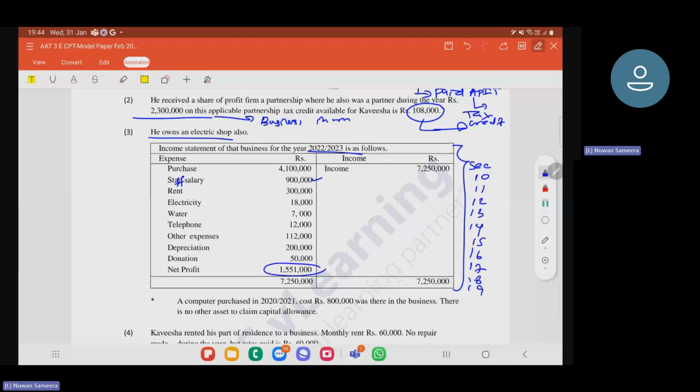The electricity, water, telephone and other expenses are normally general expenses incurred to continue the business's day-to-day activities. The depreciation, as per section 16, is not allowed. Instead of that, you can calculate the capital allowance and deduct the capital allowance from the net profit.